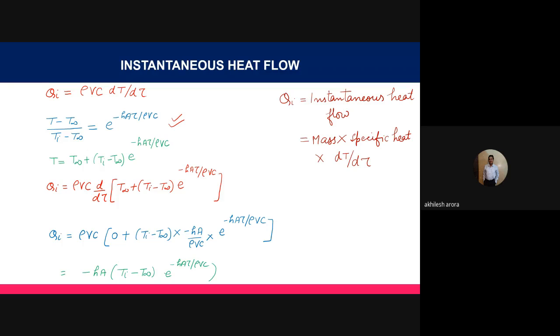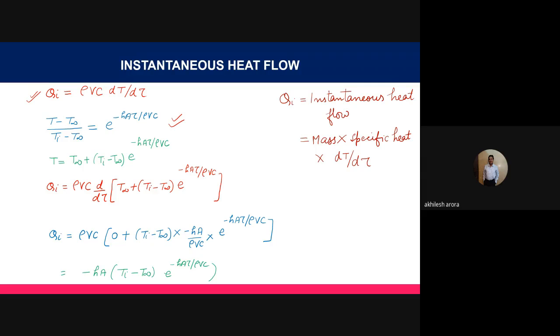Now we want to know, say the body started cooling at an instant when the time was 10:25, and now the time is, let us say, 10:30. At 10:30 I want to calculate the instantaneous rate of heat flow. To calculate that value we can use this particular equation.